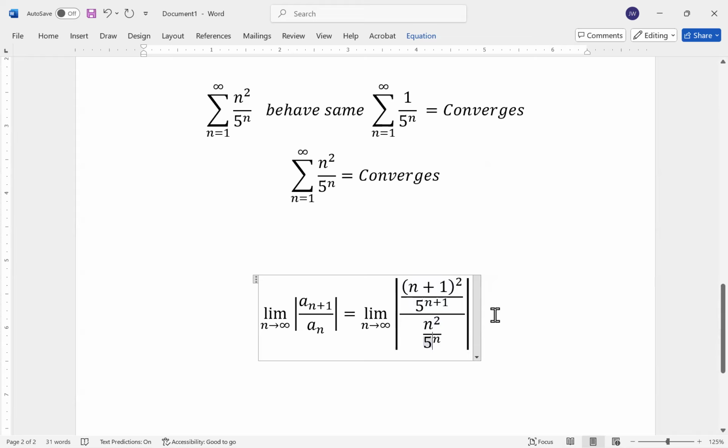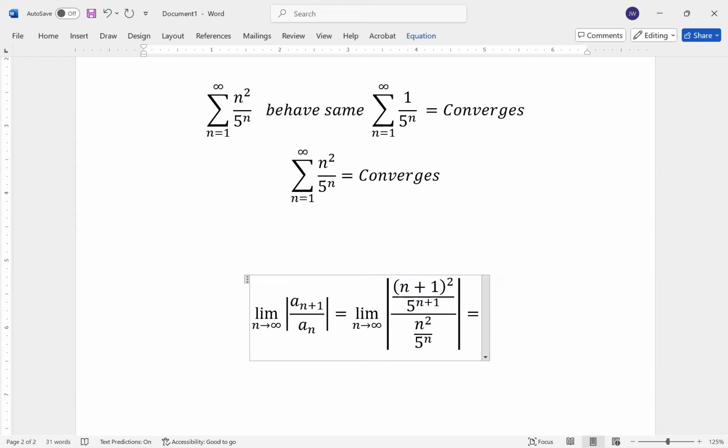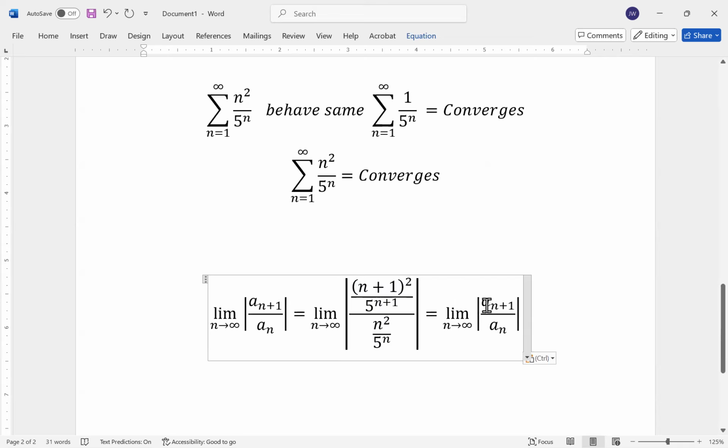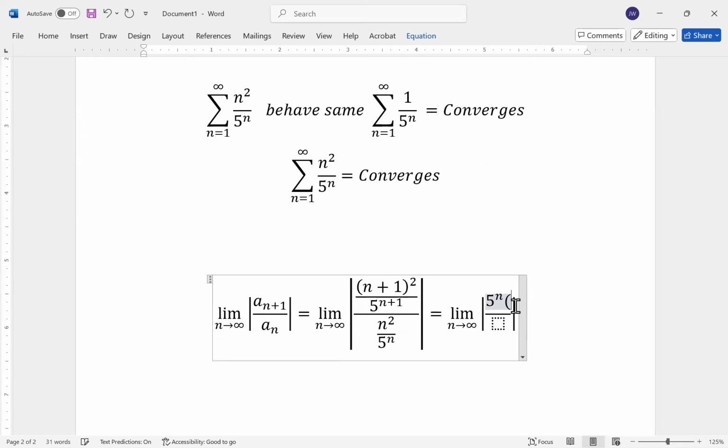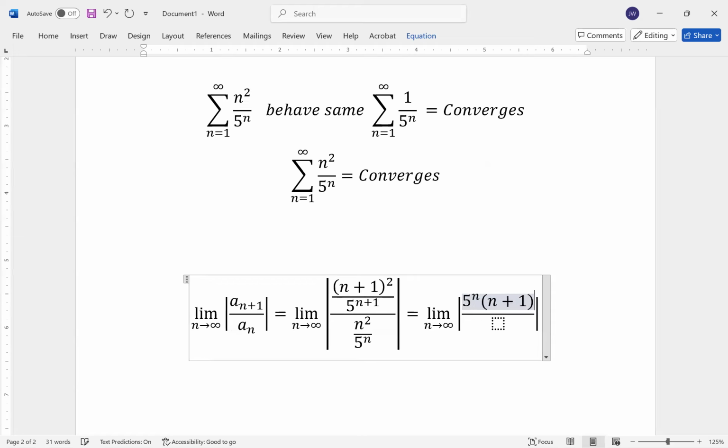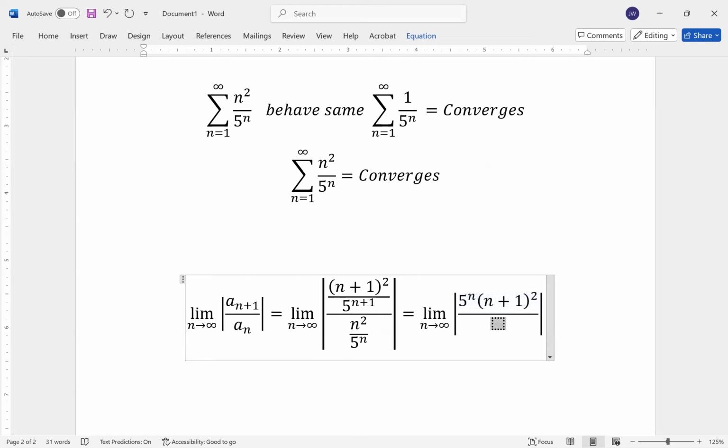And then when I multiply by the reciprocal of that fraction in the denominator, I get a limit of, well, we'd have n plus 1 squared on the top and 5 to the n on the top. On the bottom, I'd have 5 to the n plus 1 multiplied times an n squared.